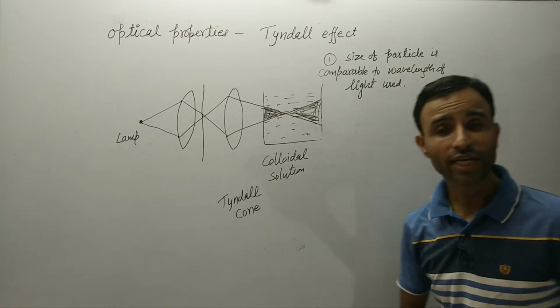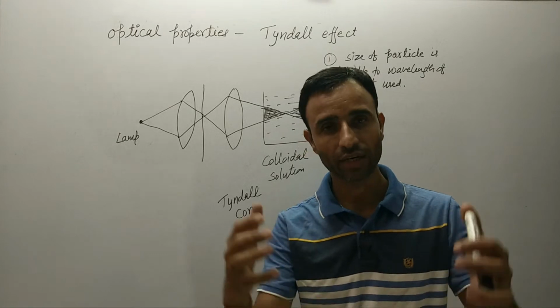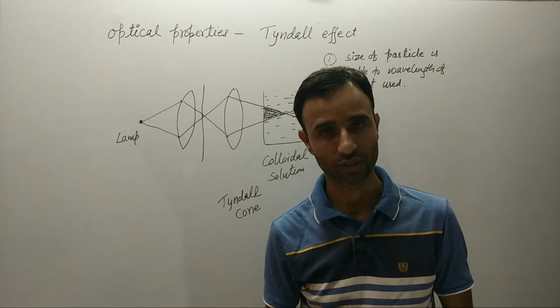Means the size of the particle and the wavelength of the light have almost the same value. They are not much different from each other. Okay.